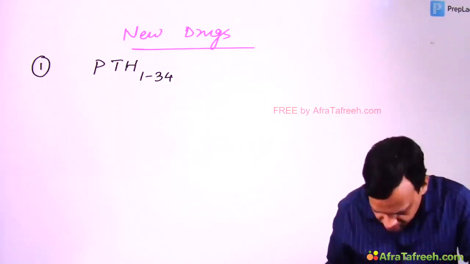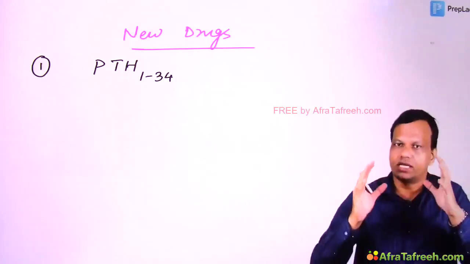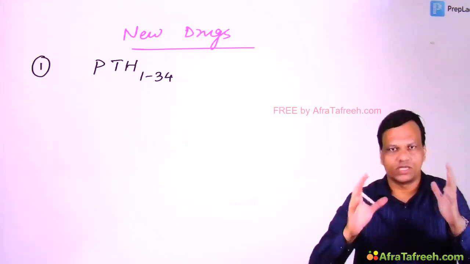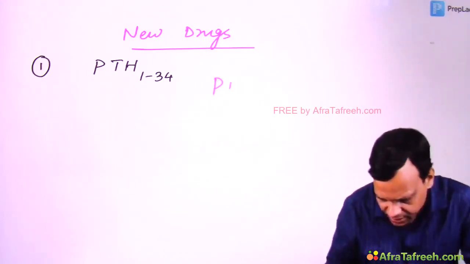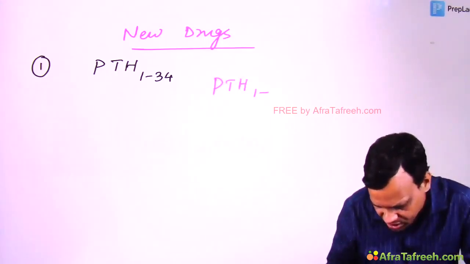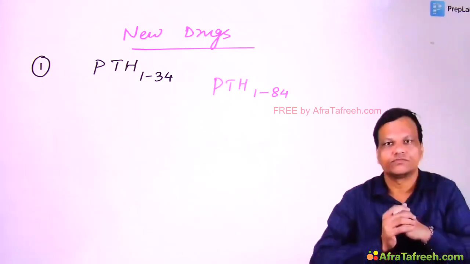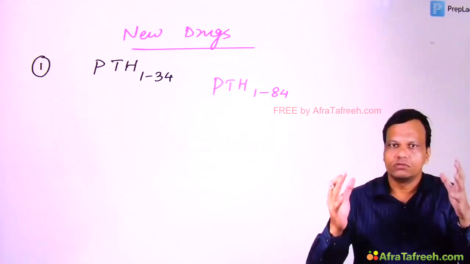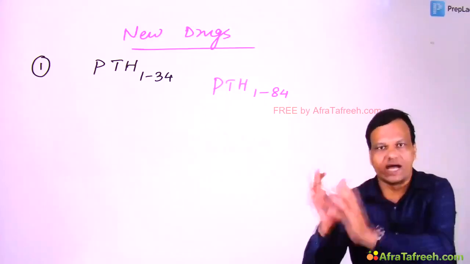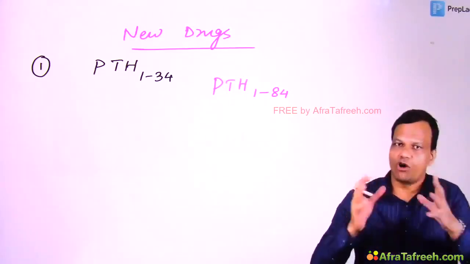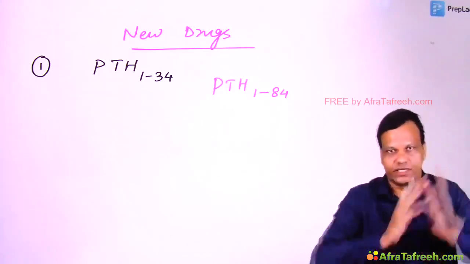The actual thing is, parathyroid hormone consists of 84 amino acids. We can write PTH 1 to 84. This full molecule stimulates osteoclast, so it will cause osteoporosis, which we discussed earlier.